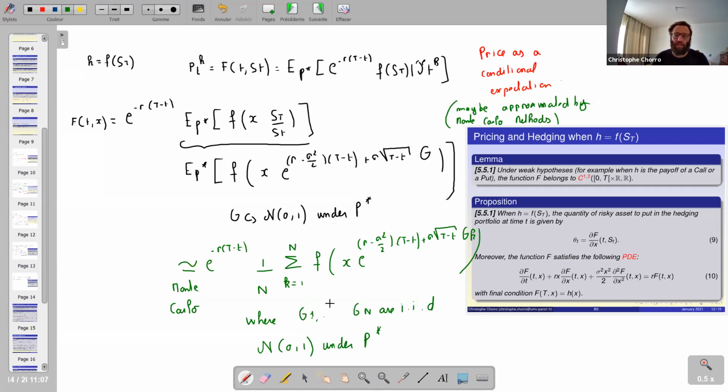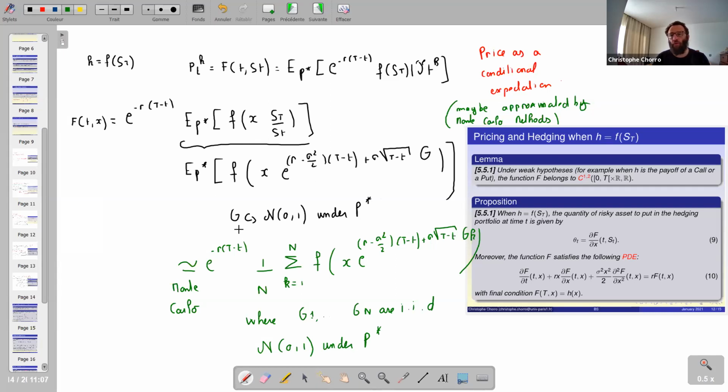So intrinsically in the Black and Scholes models, prices are expressed using conditional expectation, conditional expectation that are just, in fact, expectation from the Markov property of the process. And of course, as usual, I can approximate this expectation using Monte Carlo methods.